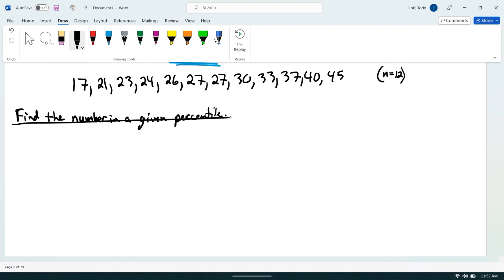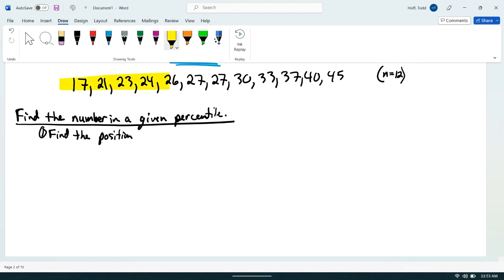So to do this, it works a lot like finding the median. Step one is to find the position. Now I should take that back. Step one is technically put the numbers in order, but we already have these numbers in order from smallest to largest, so that is done.